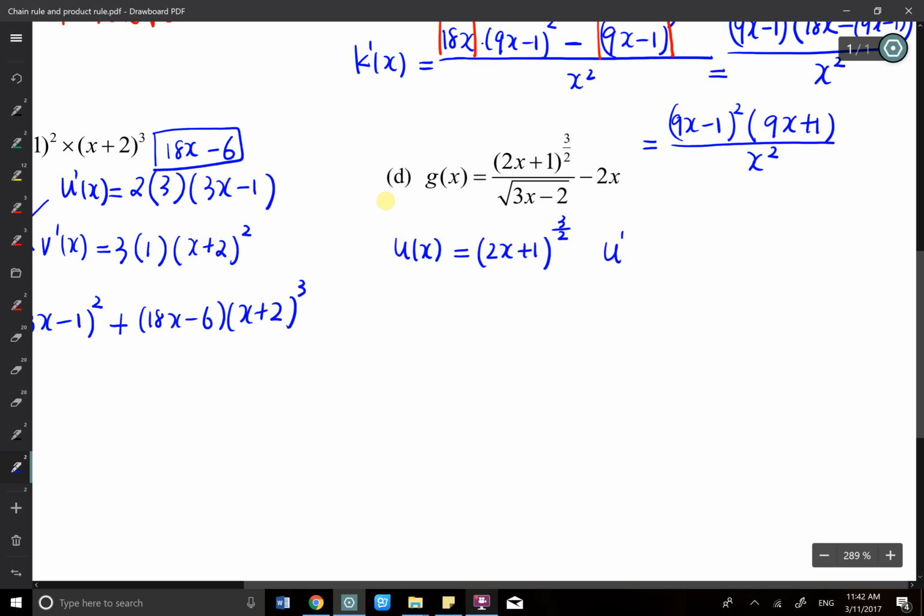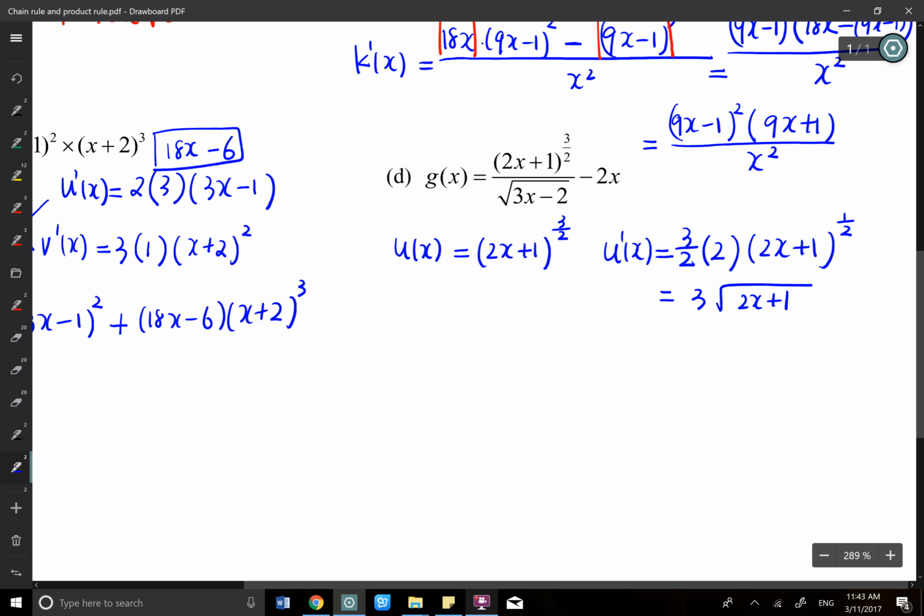So u dash x will be 3 over 2. Bring the power down, derive the inside, and then reduce the power by 1. If you simplify it, that will be 3 root (2x plus 1).